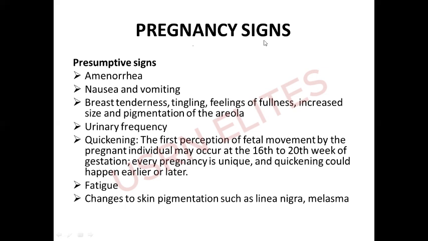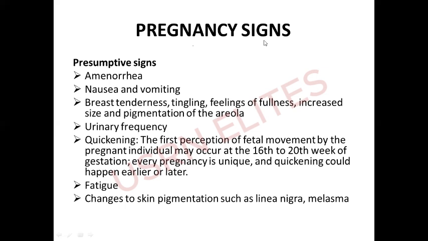A classical example is if the woman is in her menopausal stage. When a woman is in menopause, we know that their menstrual cycle gets disrupted, and so they will tend to experience amenorrhea. You could have even other medical conditions that can influence a woman to go into amenorrhea. The same thing applies to nausea and vomiting. We have several 1,001 medical conditions or factors that could lead to someone experiencing nausea and vomiting.